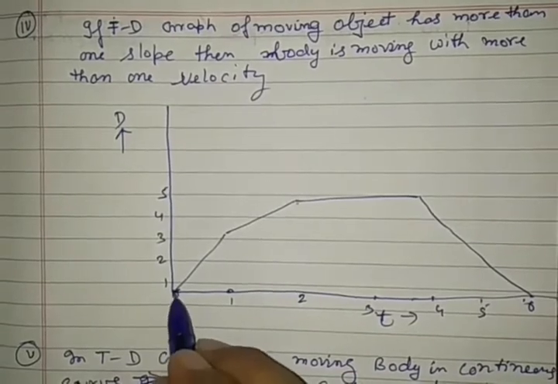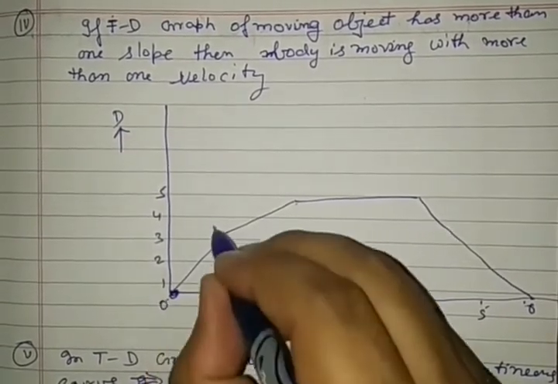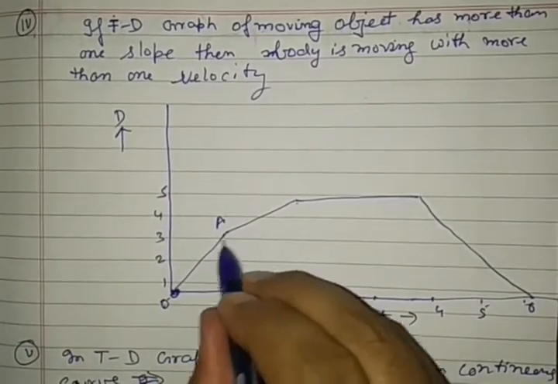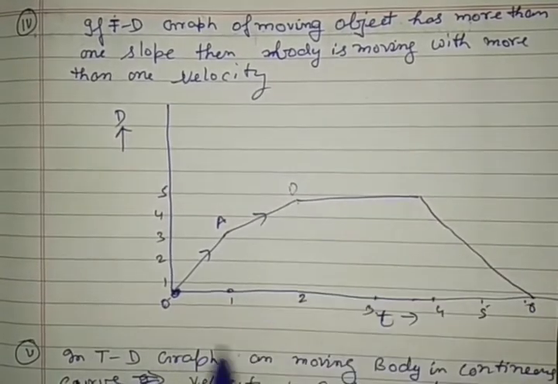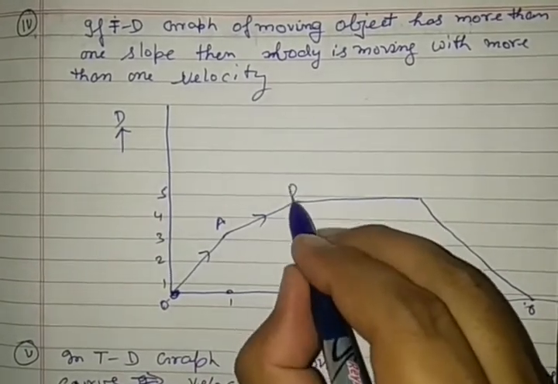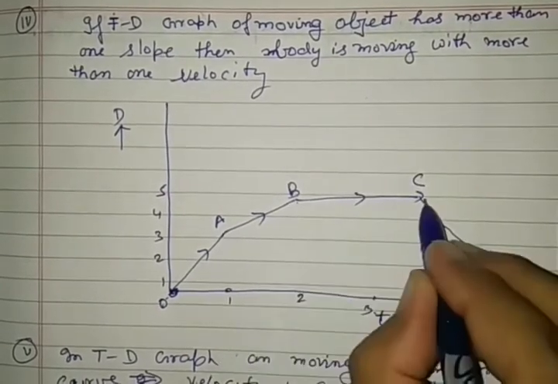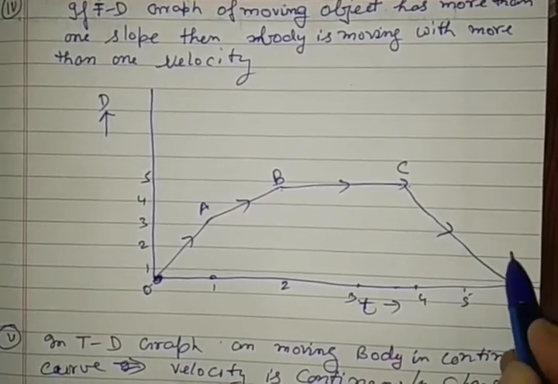Let the points be O, A, B, C and D. From O to A there is one constant slope, from A to B another slope, from B to C another, and from C to D another.